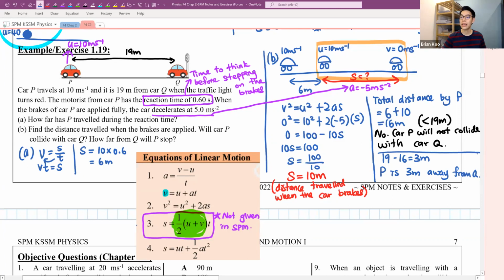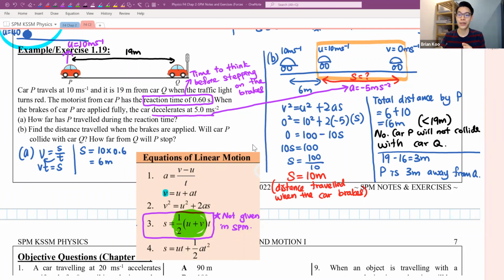Okay, so this part B is a bit long. Charisha, can you understand part A first? Everybody can understand what part A is talking about. The reaction time is 0.6 seconds. That is the time that the driver takes to think before he steps on the brake. You see the red light, you're not going to step straight away.